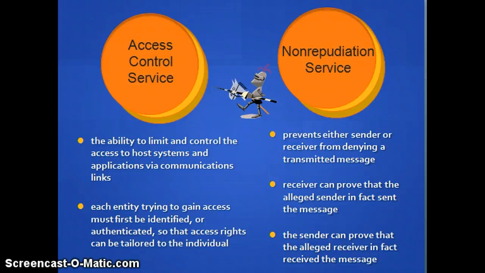The receiver can prove that the alleged sender in fact sent the message, and the sender can prove that the alleged receiver in fact received the message. We will come to the details using what we call a digital signature. A digital signature uses a private key which is owned only by the sender, and it is used for non-repudiation services.